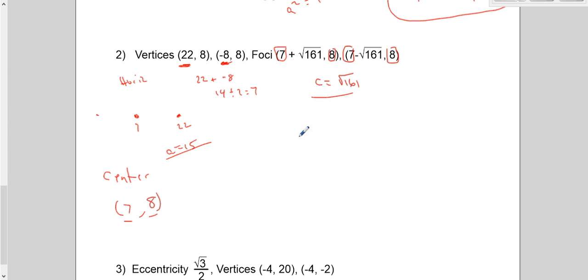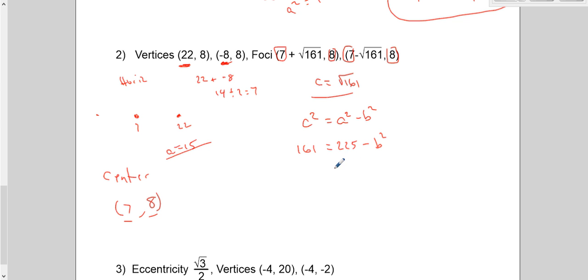Let's find b. We're going to use c squared equals a squared minus b squared. And so when you take the square root of 161 and square it, you just have 161. a squared, 15 squared is 225, minus your b squared. So we could now solve this.